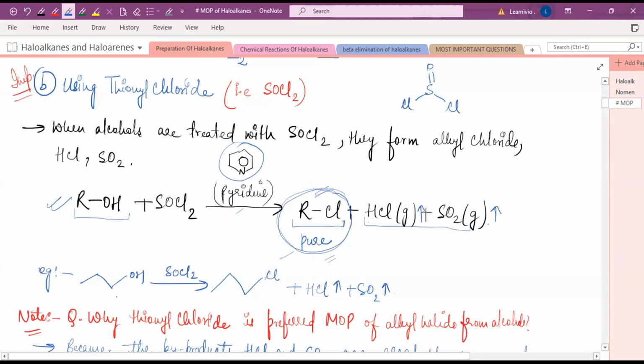Suppose, for example, this is your CH3CH2CH2OH, so this is basically propanol.